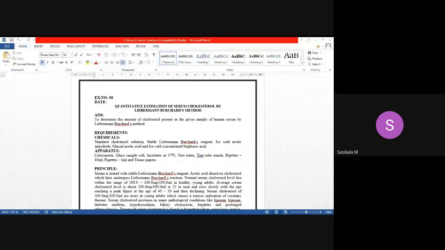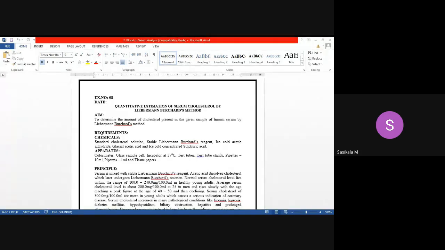Okay, thank you, Dhanush. Is there anybody willing to share points on the deproteination method of blood? Others also can give answers. Saundarya, Harish, Sudarshan, you also can share the points regarding deproteination of blood.